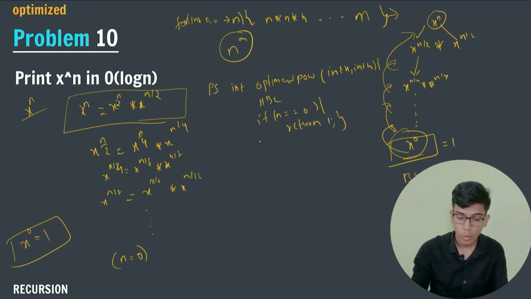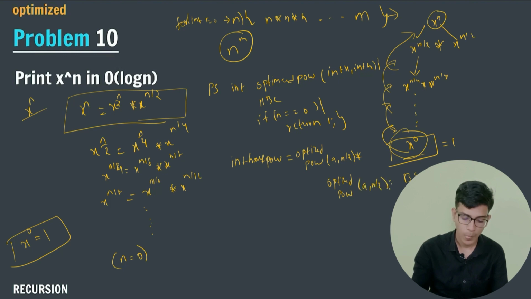After that I need to calculate the half power. So to calculate the half power, I am creating int halfPower is equal to, I am calling my recursive function, that is optimizedPower(a, n/2) into optimizedPower(a, n/2), right?